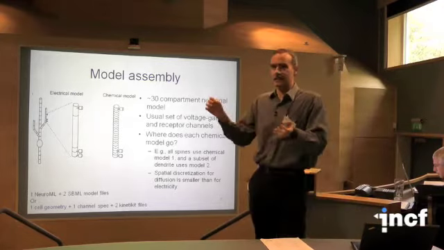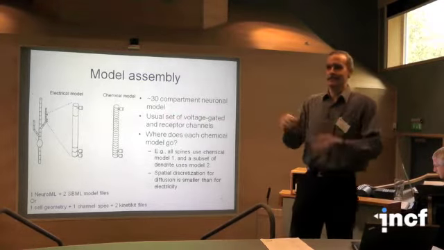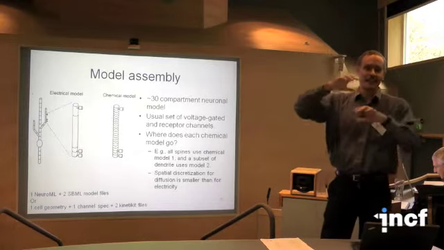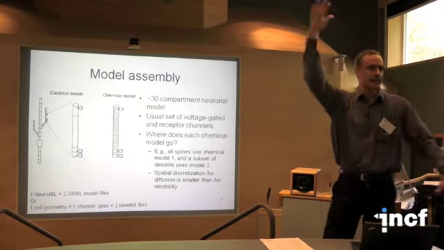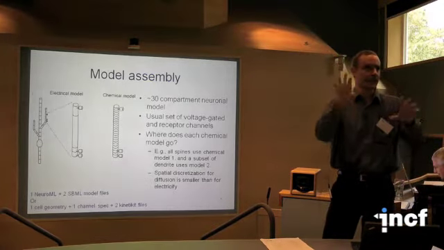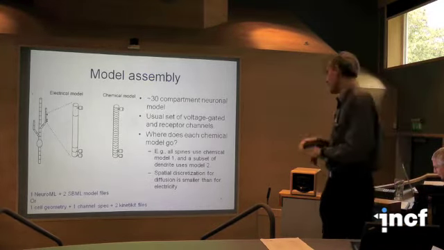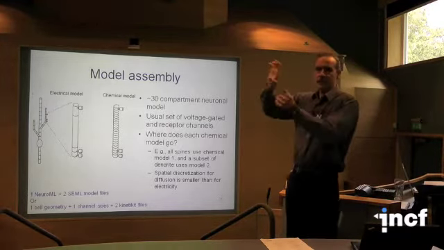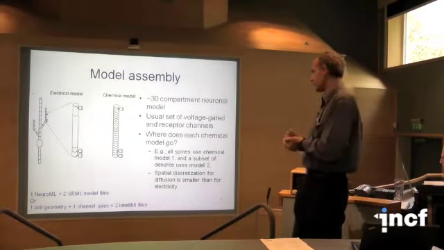And of course, because I didn't have infinite computer power, unlike some people I could mention, I chose not to put the signaling calculations in the whole cell, and I only chose to model a few spines. We therefore chose a subset of the cell to do the signaling in.